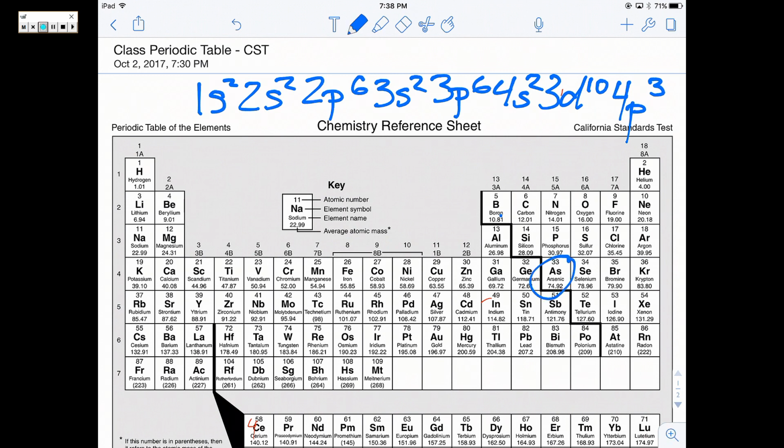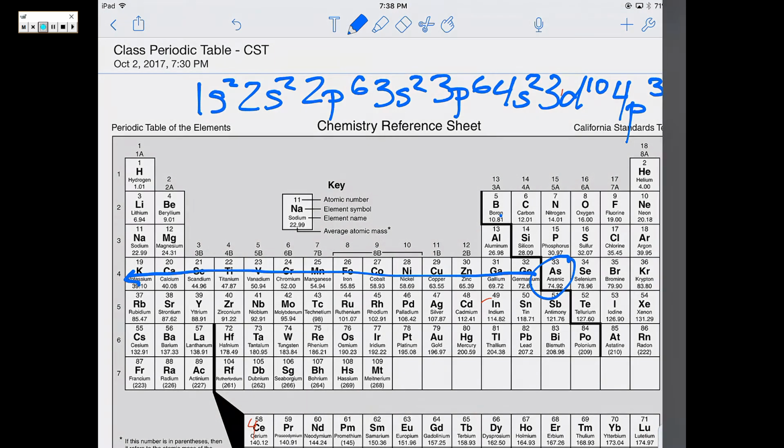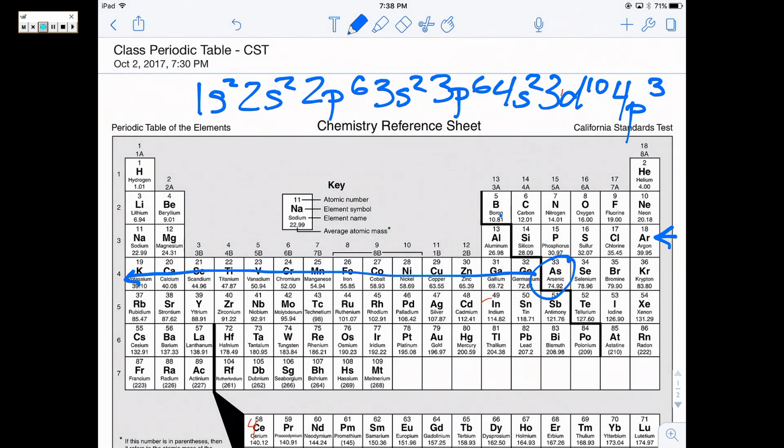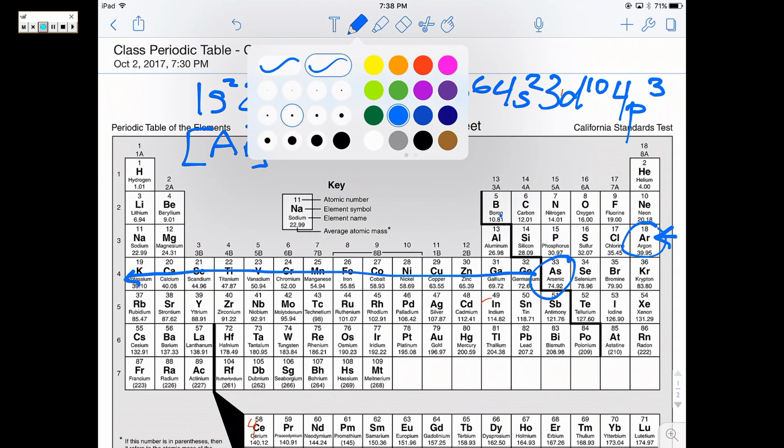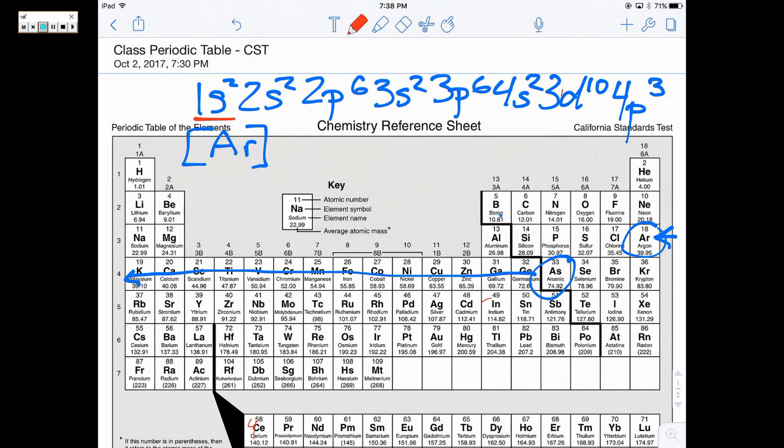So remember, arsenic's what we're looking at. To do the condensed configuration, you find the previous noble gas. So if I look backwards, you can see I skip up to this level, I end up finding argon. Argon is the last noble gas. So I'm going to use argon for my condensed configuration. Argon is all of this.